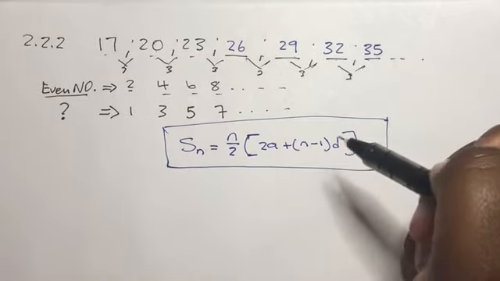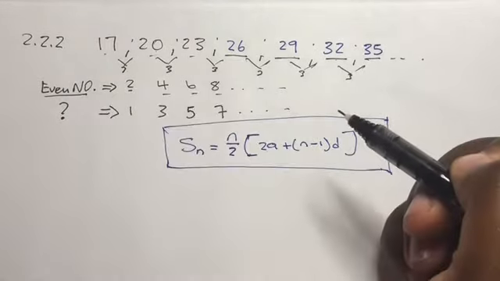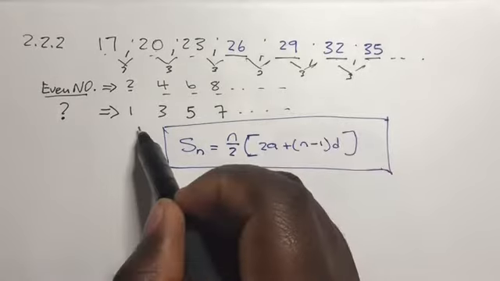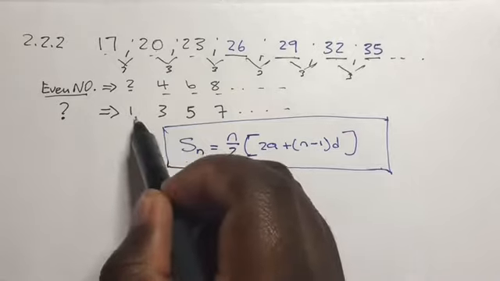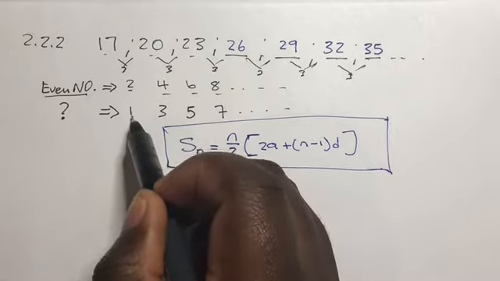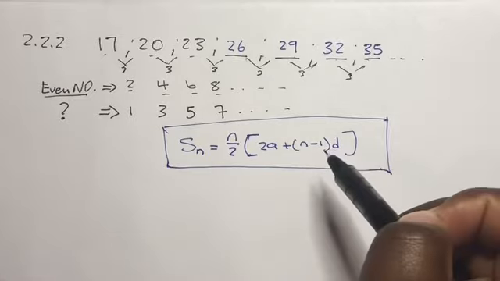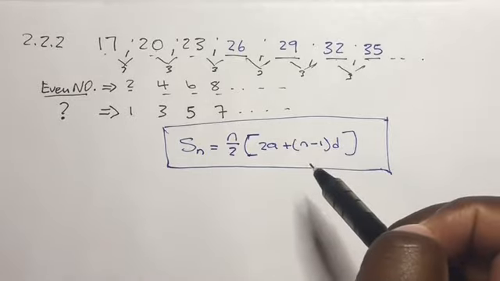So we refer to those numbers as even numbers. So I'm sure you already know that your homework will be to find out what is 1, 3, 5, 7, and so on. So that will be your homework.